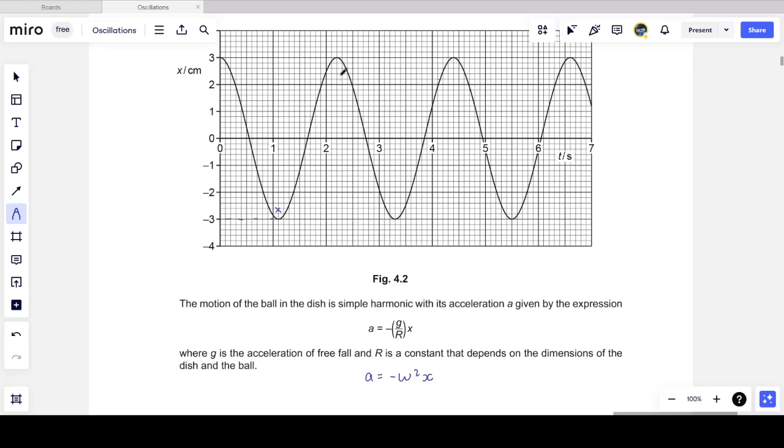So subsequent amplitudes are lower than the previous amplitudes. And so I just choose points at random that are lower in amplitude, and I only need to go to 5 seconds, but I remember that my motion is still harmonic. It's not simple harmonic, but it still has a sine shape to it.